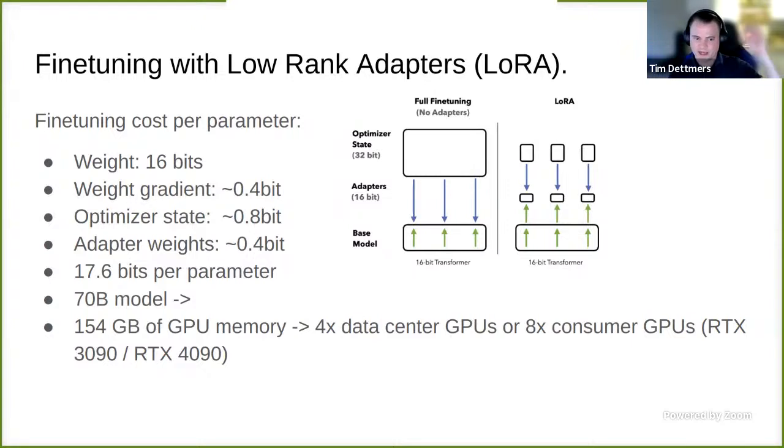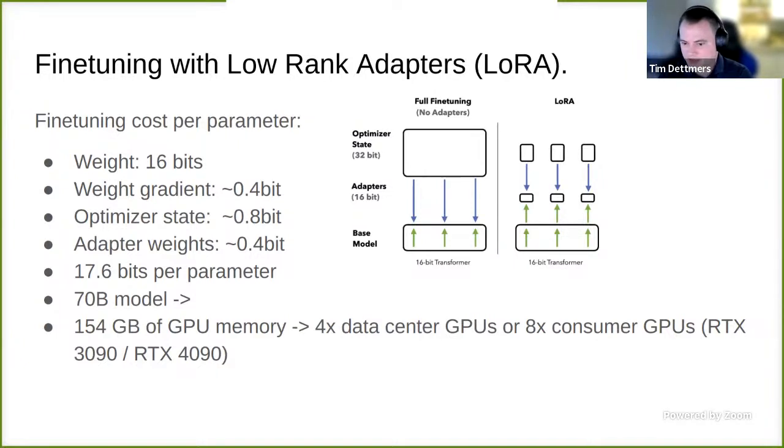You add a couple of weights through the adapters, but if you tally up all the bits, the majority is in the weights, 16 bits. Overall, we only have about 17.6 bits per parameter. So if you have a 70 billion parameter model, that gives you 150 gigabytes of GPU memory. Now we are down to 4 data center GPUs or 8 consumer GPUs.